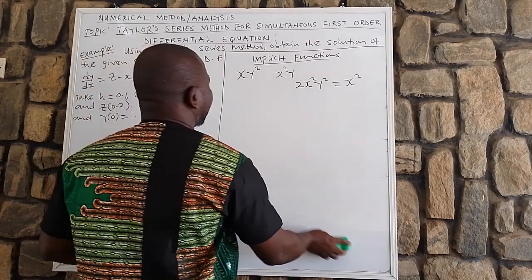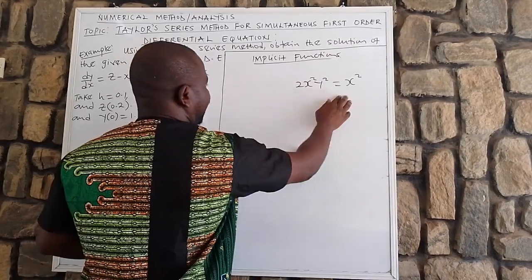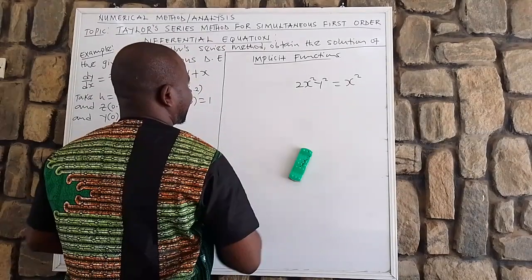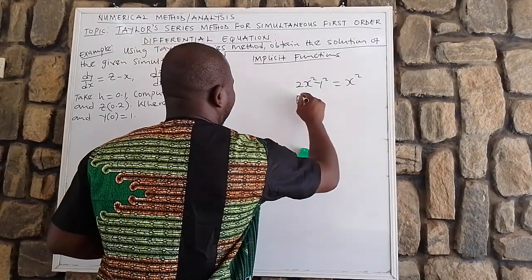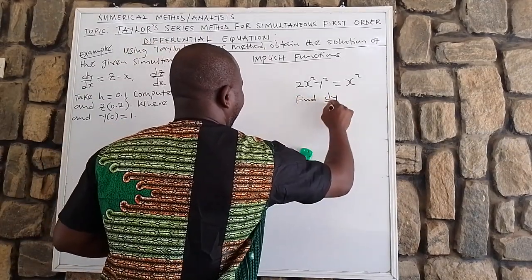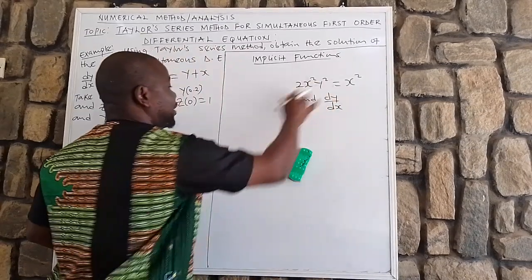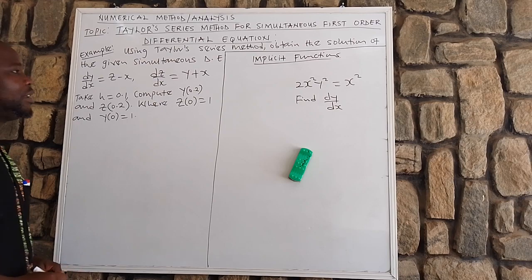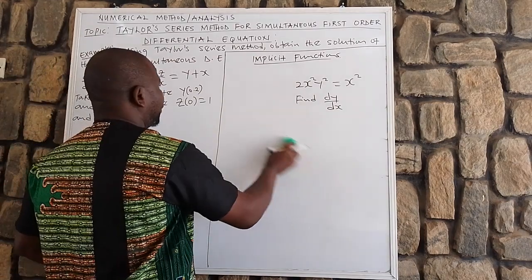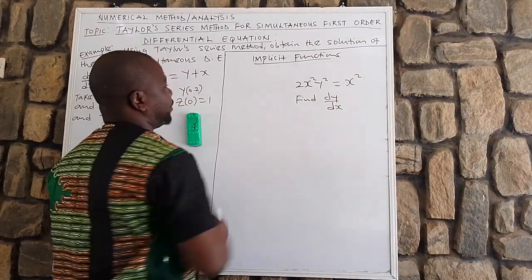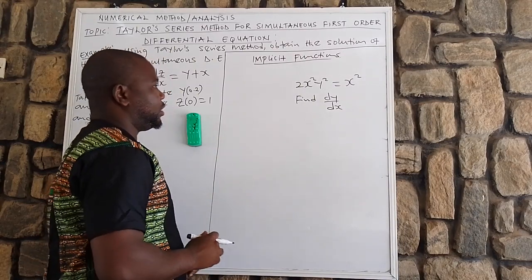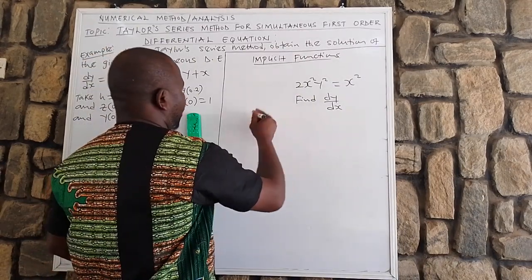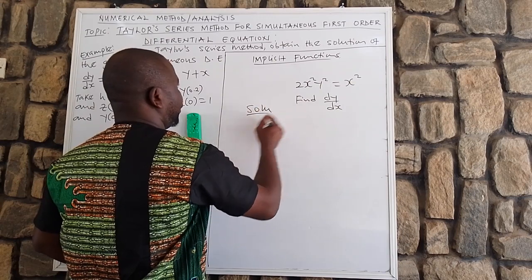Now, these are implicit functions. Given this, they will just say find dy over dx, because we are using this approach to solve this problem. Is that clear? So I want us to have an idea on this before we proceed. Let's write the solution first.